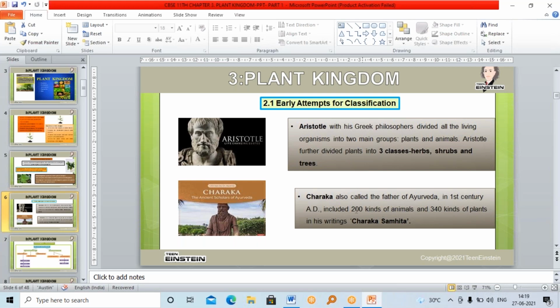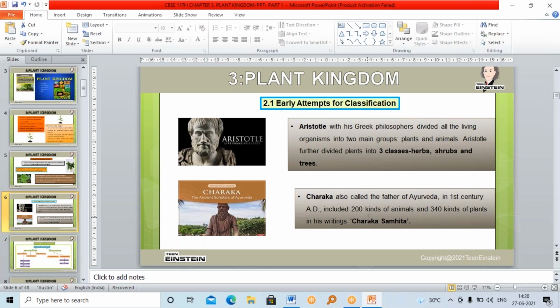And then during the 1st century AD, Charaka tried to classify organisms. Charaka is called the father of Ayurveda, and he classified. In his classification, 200 kinds of animals and 340 kinds of plants were included.